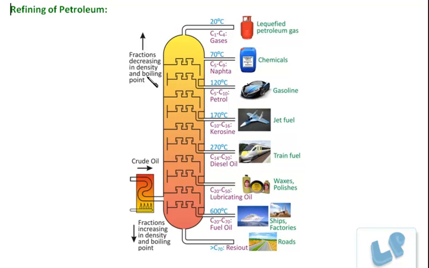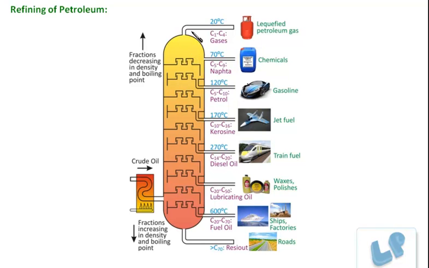The fractions which have less density and lower boiling point are above, and the fractions which have high density and high boiling point are below. Crude oil is fed over here, and this fractional distillation takes place in the oil refinery.